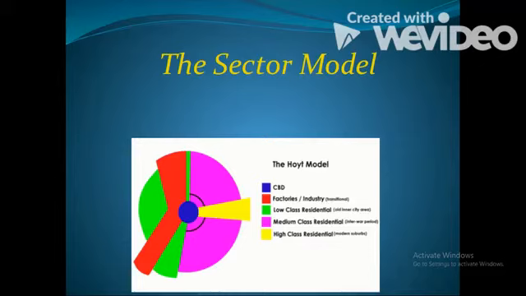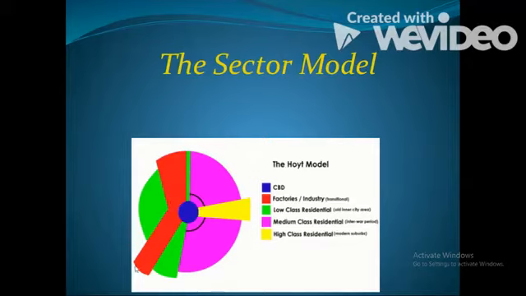Now, here Homer Hoyt suggested that a few activities, like the factories, radiate out through the main travel link. The travel link may be a railway line, or it may be a river. So it develops along the main travel link.